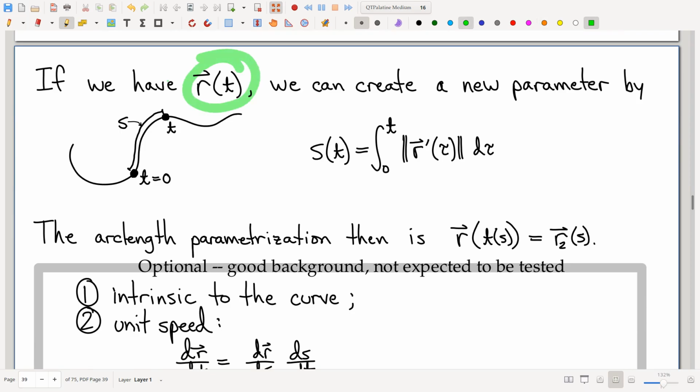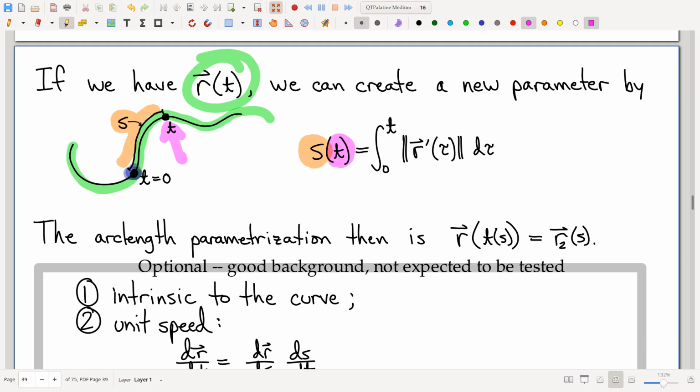So if you have a parametric curve parameterized by time, with some base point set, let's say where t equals 0, at any given time t, I can compute this distance, s, that's the arc length, and that gives me a formula for s as a function of t.